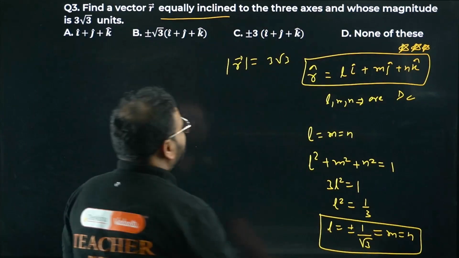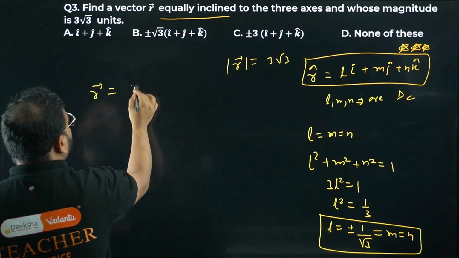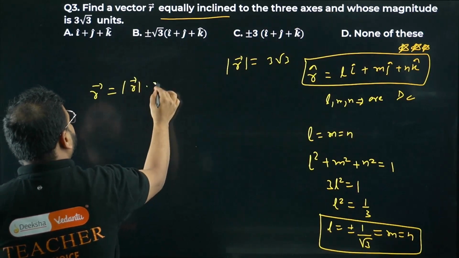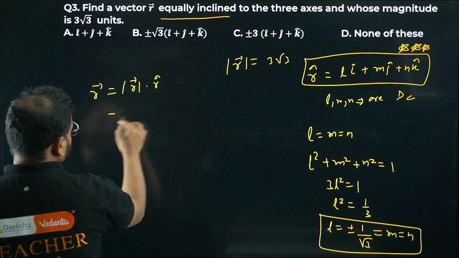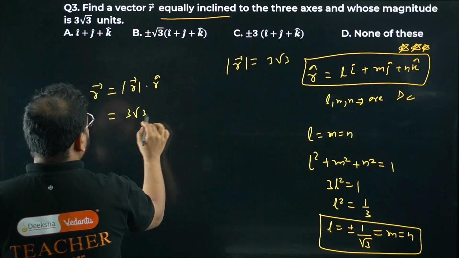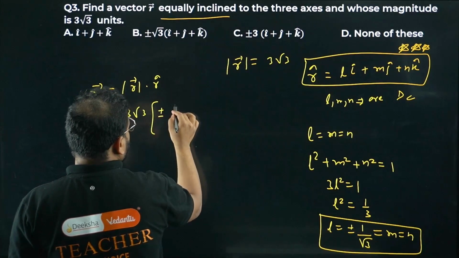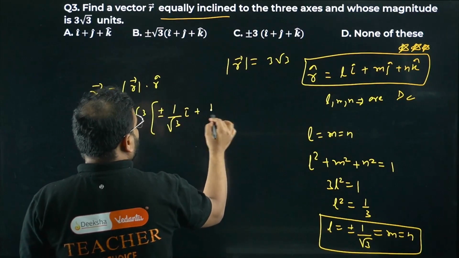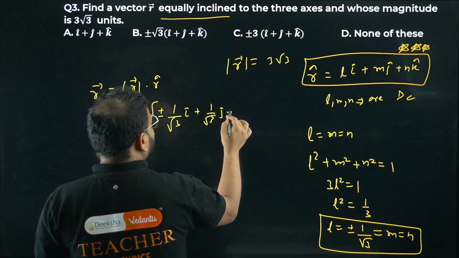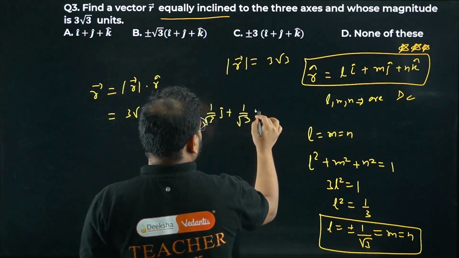Once that is known, I can write this in vector form. Vector r will be nothing but mod of vector r times r cap. So 3 root 3 times plus minus 1 by root 3 i cap plus 1 by root 3 j cap plus 1 by root 3 k cap.